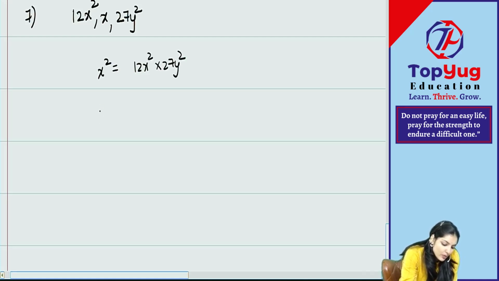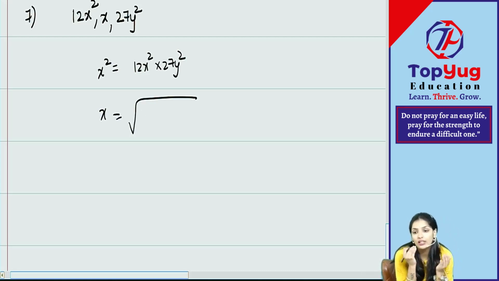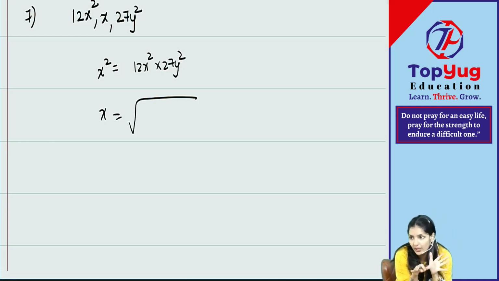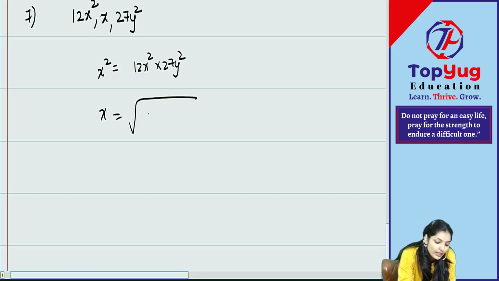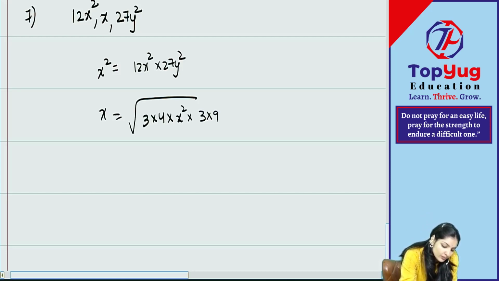So x is equal to the square root of, guys, if we have a calculator, we can directly do 12 into 27 and then the whole root. I would prefer you to do it that way. But suppose you do not have the calculator, then we can write 12 as 3 into 4, and 27 as 3 into 9, into y square.